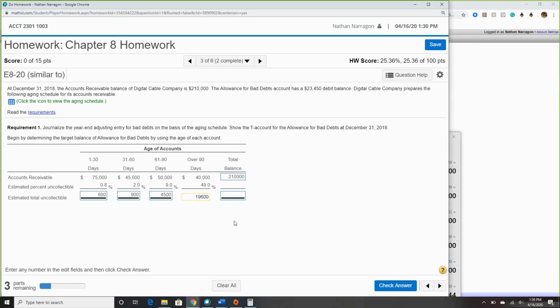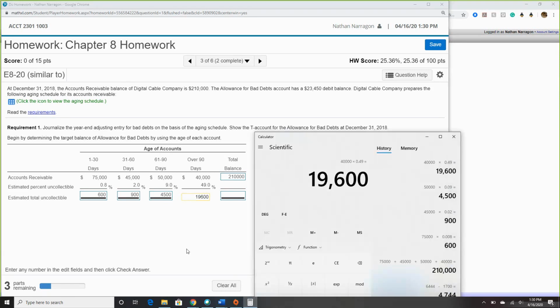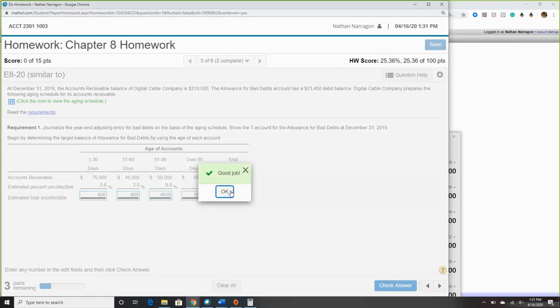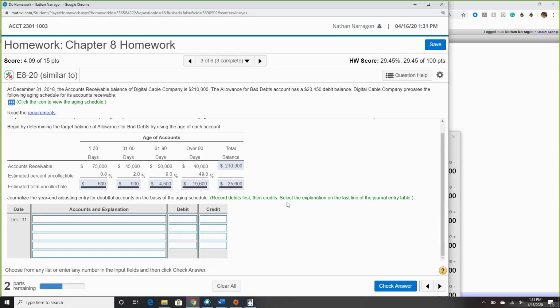Ooh, a lot of money even being uncollectible. Next, you'll add all of these, all the ones that you just multiplied. Sum list at 25,600. Okay, and check, make sure everything is good. Awesome sauce.